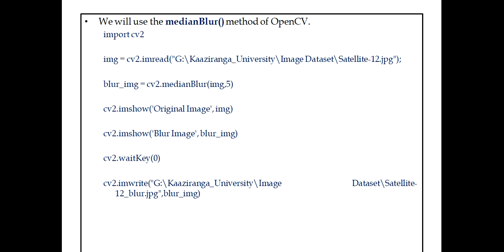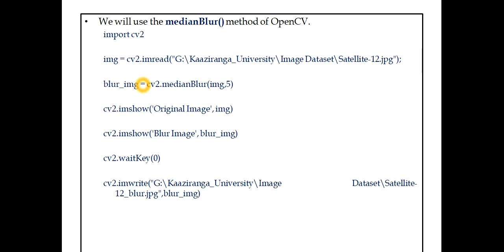And then image = cv2.imread, that means I'm going to import our image, and see I'm picking one satellite image. Can you tell me why I'm picking the satellite image? Yes, you are right, because in the case of satellite images, you usually face different types of noises. Those are highly affected by noises. So that's why I'm picking one satellite image.